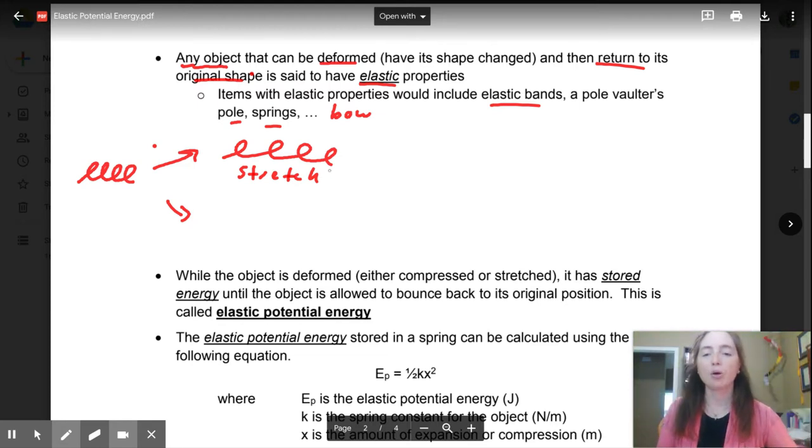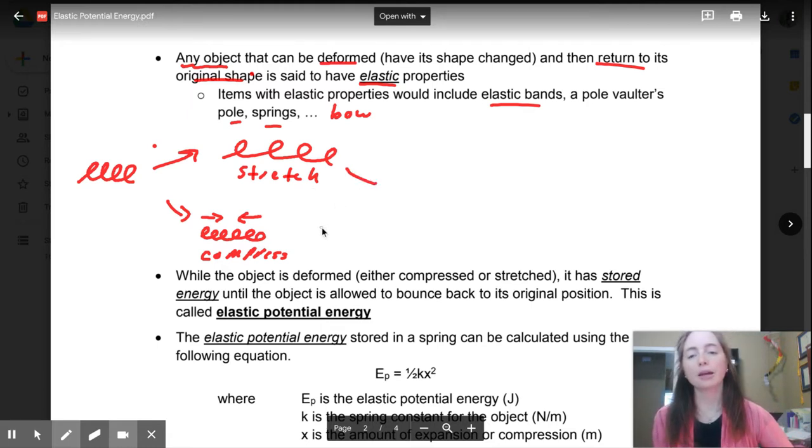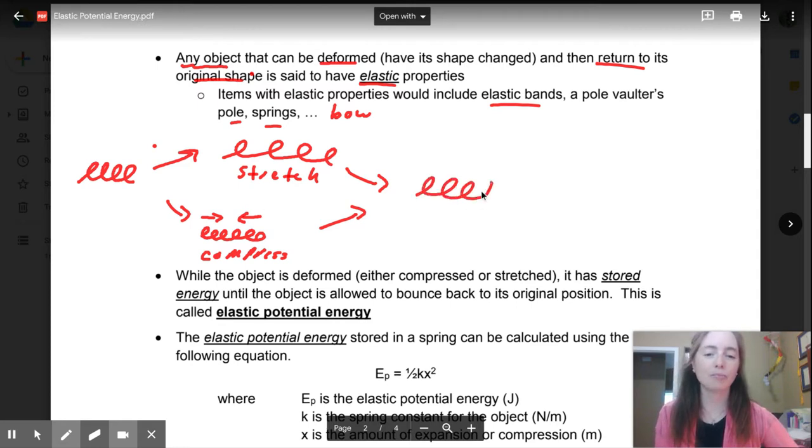Or you can compress a spring. It's supposed to look compressed. I'm not an art teacher. Either way, when you let go of that spring, it's going to come back to its original position, which is often called equilibrium.